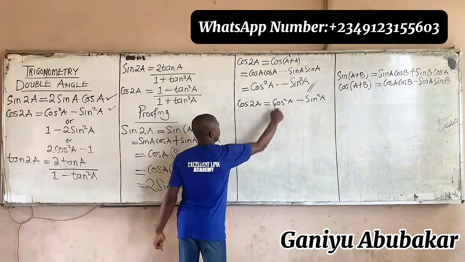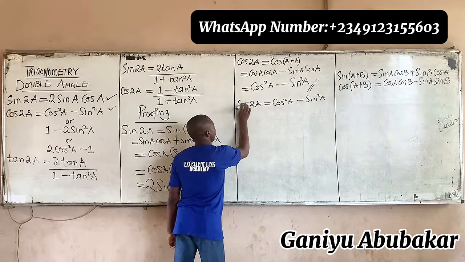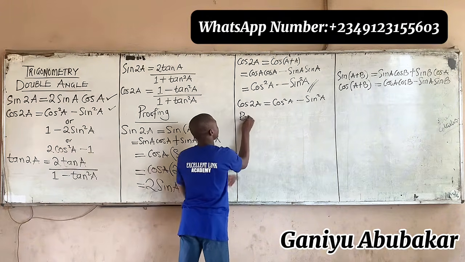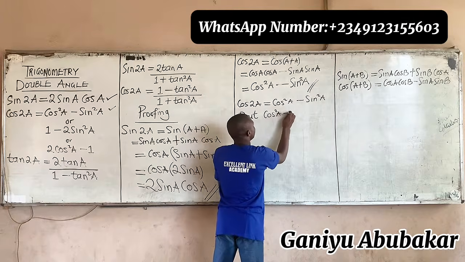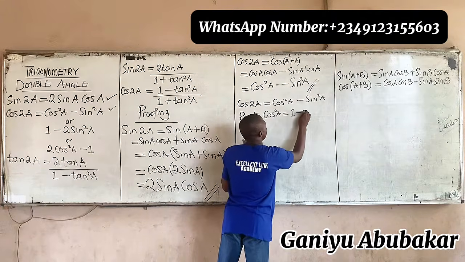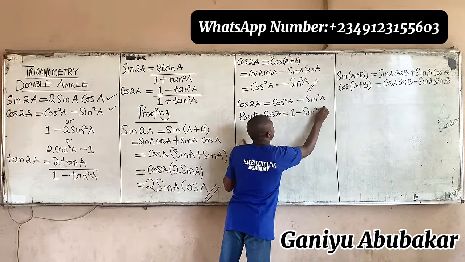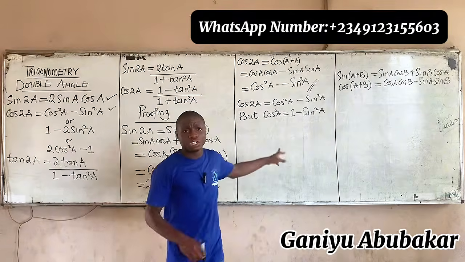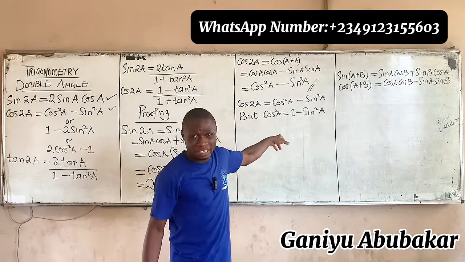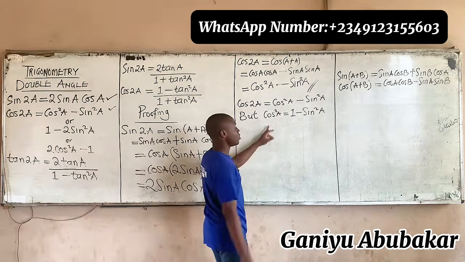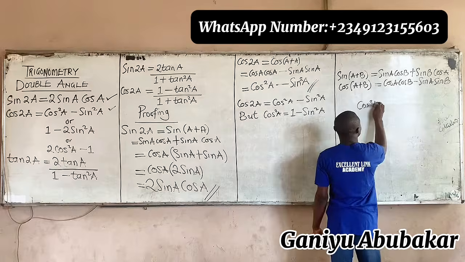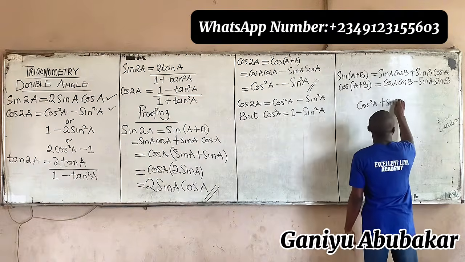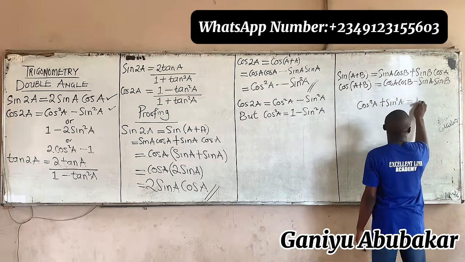Let's start with cos. We said cos squared A is equal to 1 minus sine squared A. At this point, you should know your trig identity: cos squared A plus sine squared A equals 1.